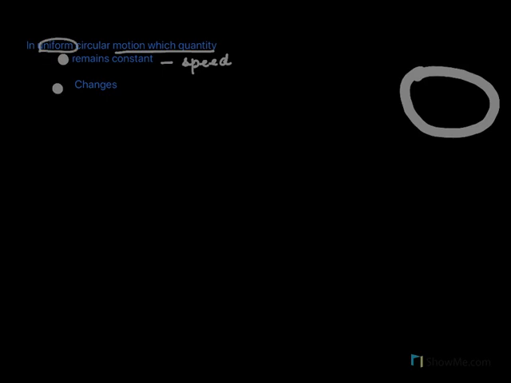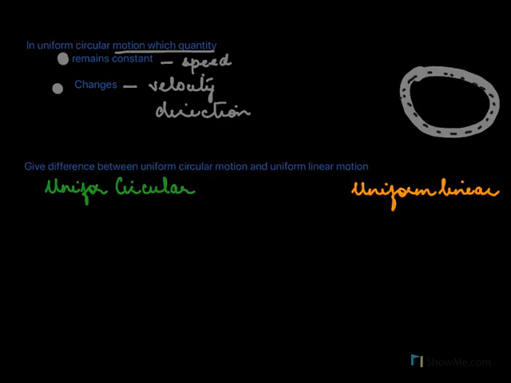It goes with a constant speed. The object moves with the same speed. And which quantity changes? It's the velocity that changes, because we know direction changes. So the velocity or direction keeps changing, but the speed remains the same.